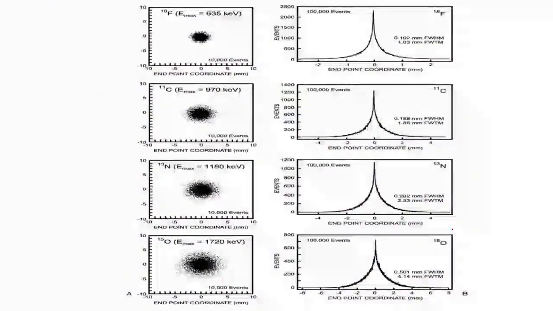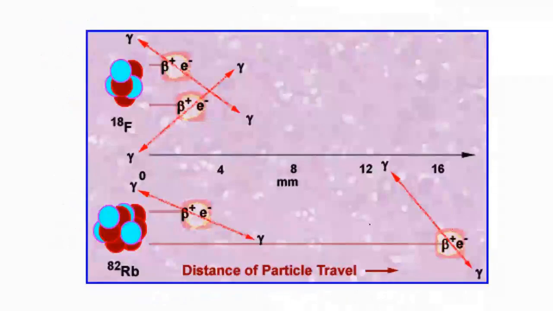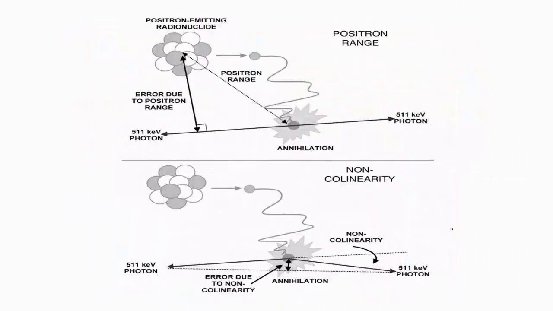Also, when we talk about the subject, for example, I use something like fluorine. The positron that comes from fluorine will travel a greater distance than the positron that comes from other radionuclides before it collides with an electron. What does this do? It reduces your resolution. Why?